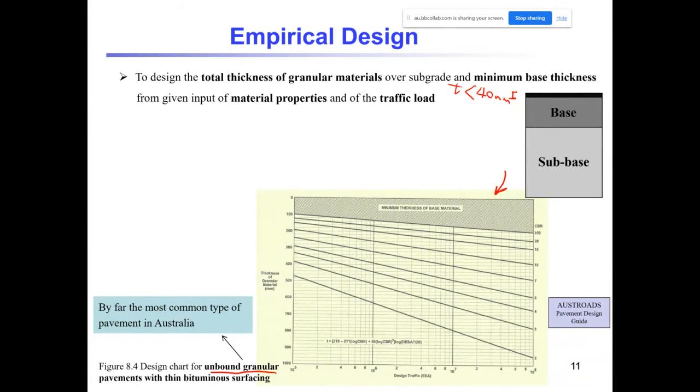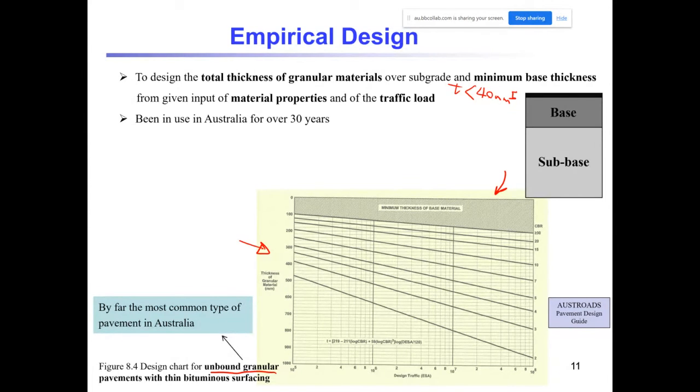Over 90% of the roads that we have in Australia have this type of pavement and can be designed by this simple chart. So we are going to learn how to design unbound granular pavement with thin bituminous surfacing, and that's the type of pavement widely used in Australia.